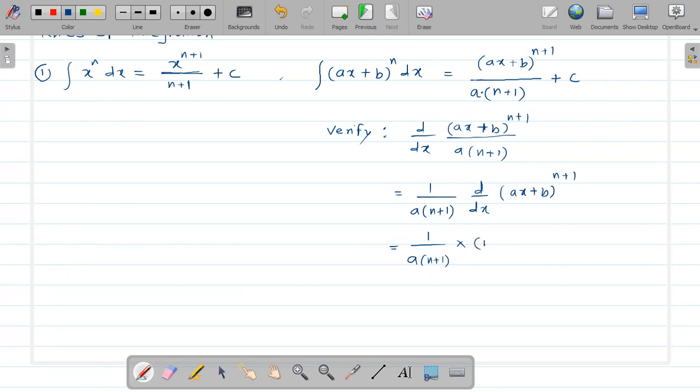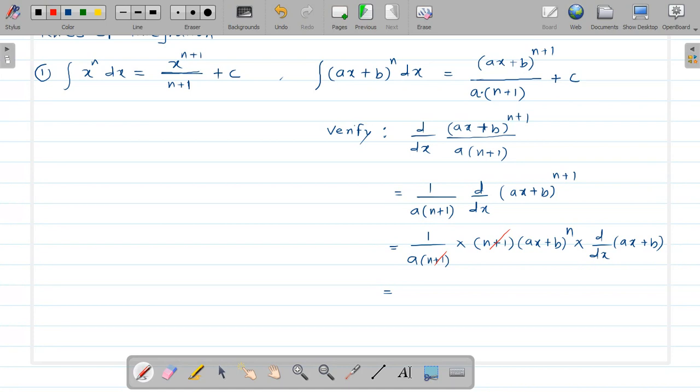You have to use the chain rule. So it will be n plus 1 into ax plus b raised to n plus 1 minus 1, so it will be ax plus b raised to n, and by chain rule into d by dx of ax plus b. You know the chain rule of the derivative. So what will you get here? You will get, see, in this expression n plus 1 will get cancelled.